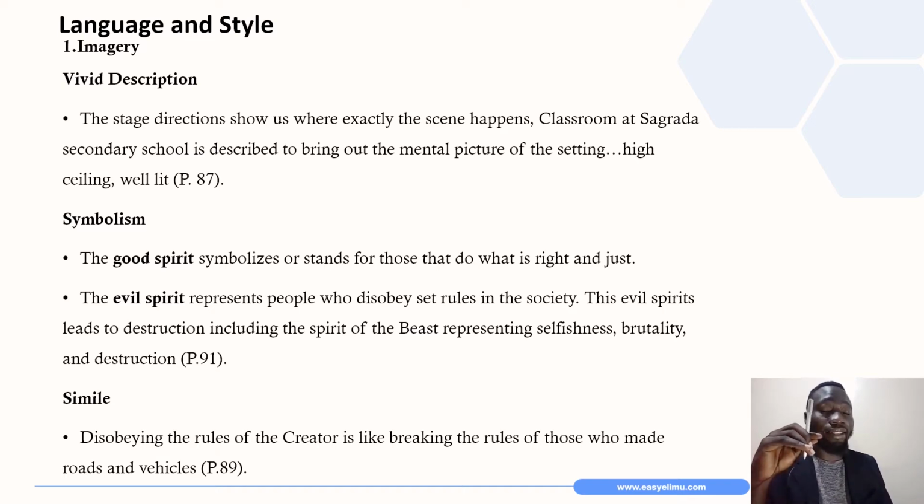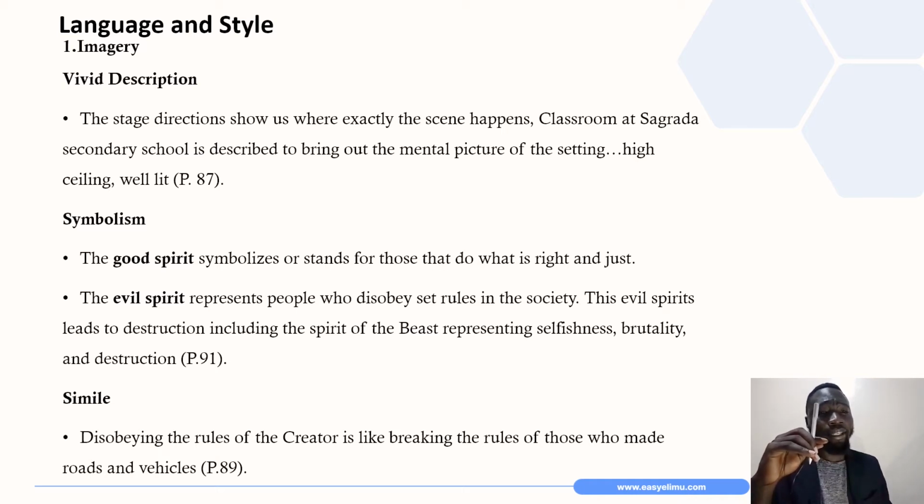The next style under imagery is symbolism. Remember, during the ethics lesson, Nicole talks about the spiritual part of the human heart, and she categorizes it into 2: the good spirit and the evil spirit.